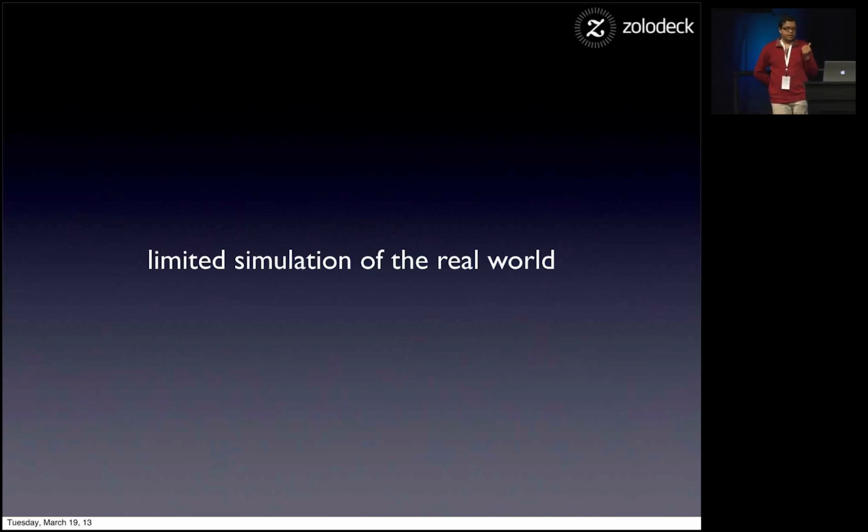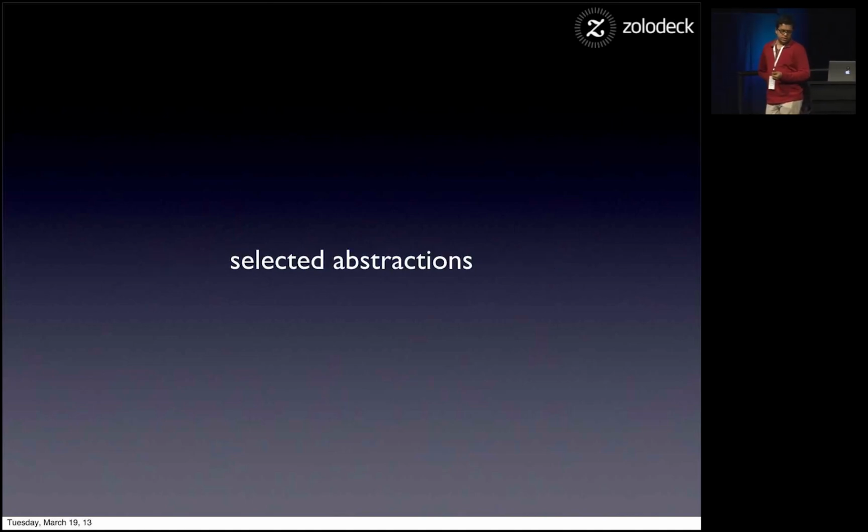It's sort of a limited simulation, if you will, because you're only going to pick certain aspects of that reality to be part of your application, right? And this set of things, this set of abstractions, this domain model, is the basis on which you're going to solve whatever it is that you're setting out to do, whatever specific problems for the customers you're trying to solve, right?